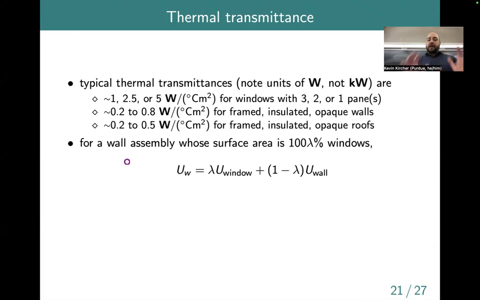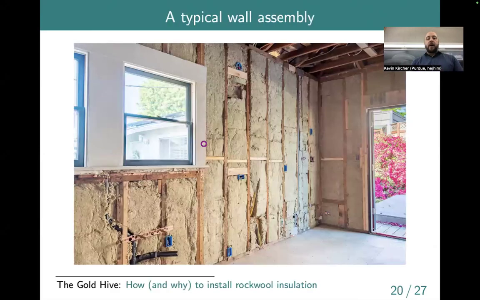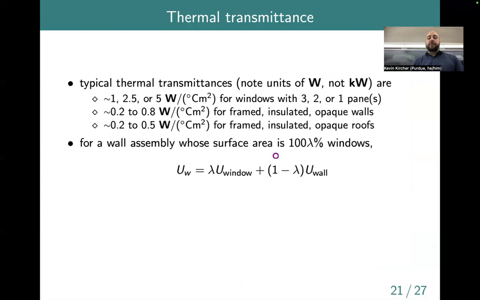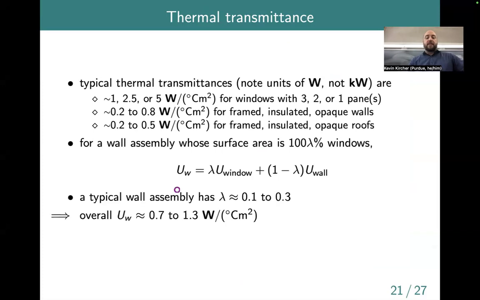And then in order to look at the overall R or U value of an assembly like this, we'd note that we have parallel heat transfer pathways, for example, between the window and all this opaque surface here. So the overall thermal transmittance for the wall assembly, including the window and the insulated wall portion, would be a weighted average between the window U value and the wall U value. And it's weighted by what's called lambda here, the window to wall ratio.